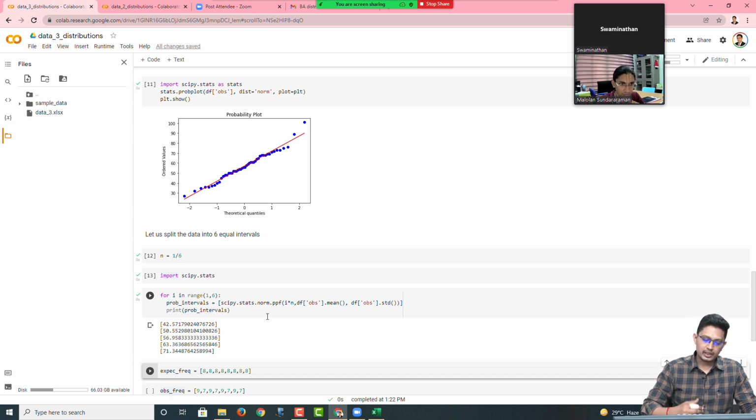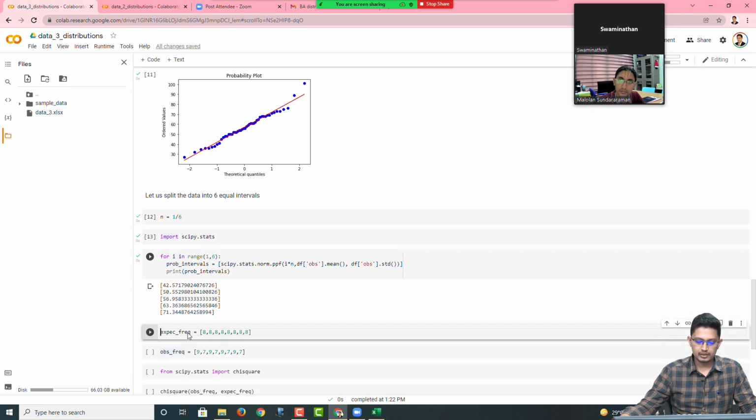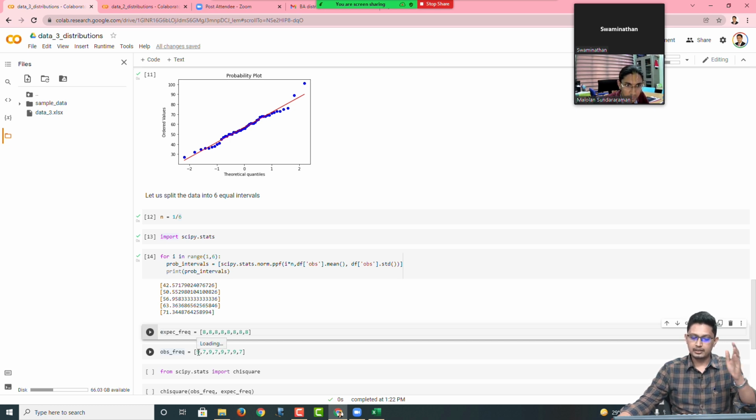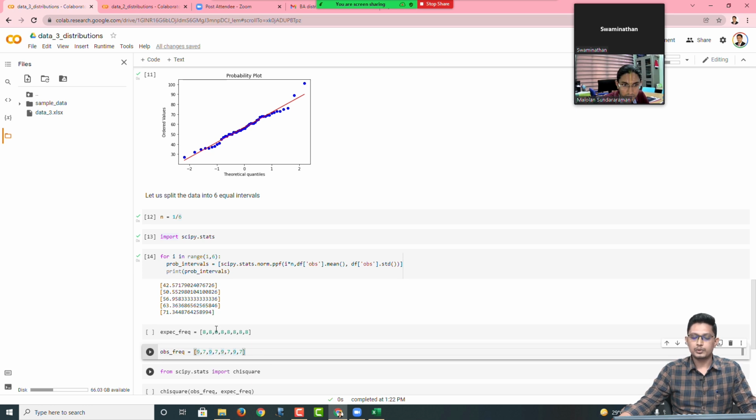And if you calculate it manually, you will see the observed frequency, which is 9, 7, 9, 7, 9, 7. So we can say that below 42.57, we had 9 observations.